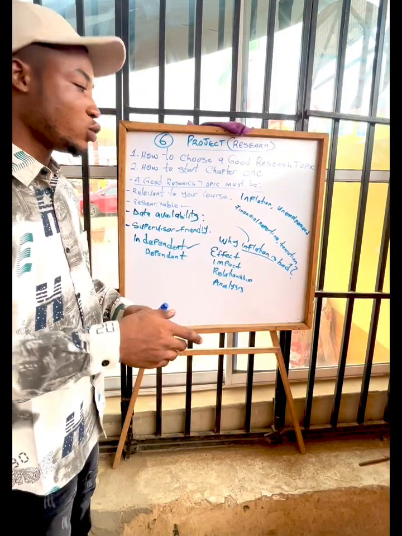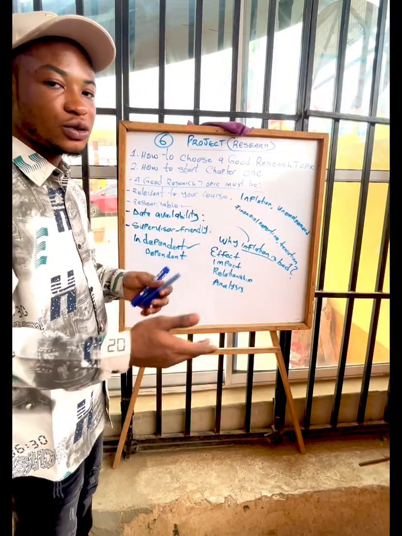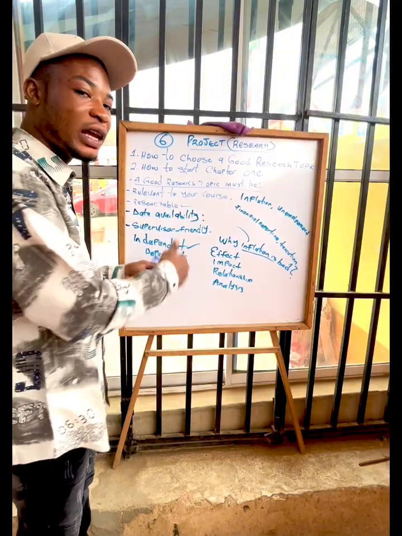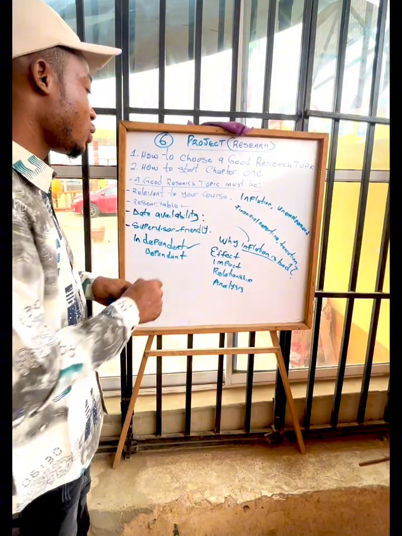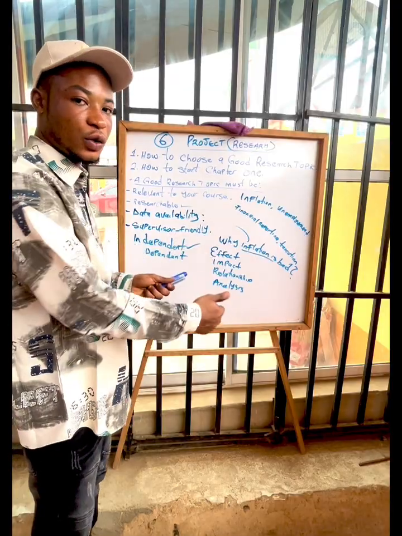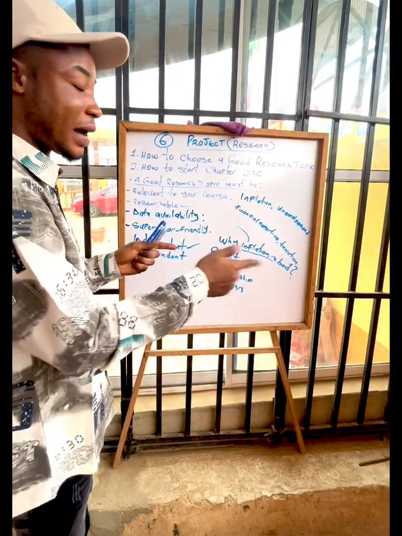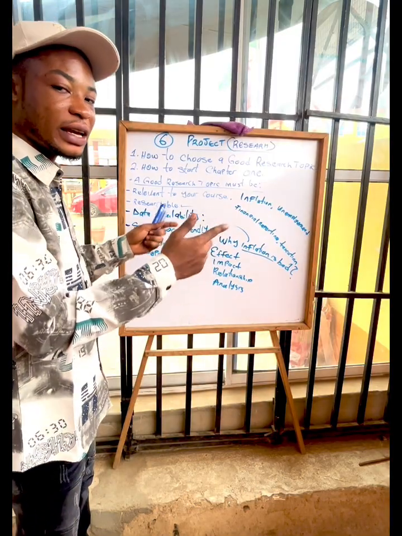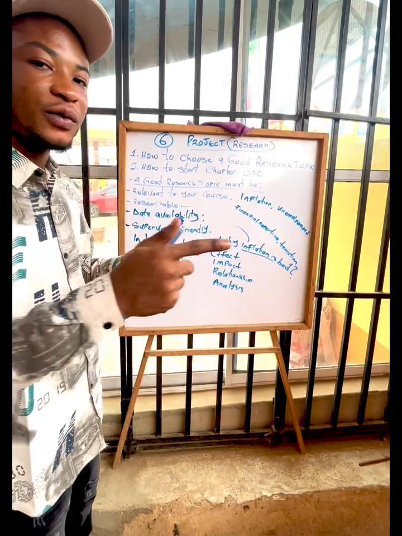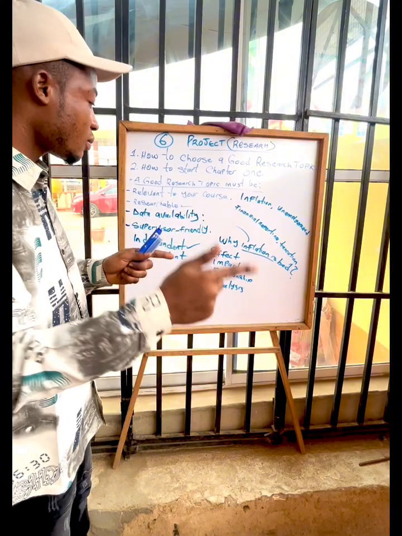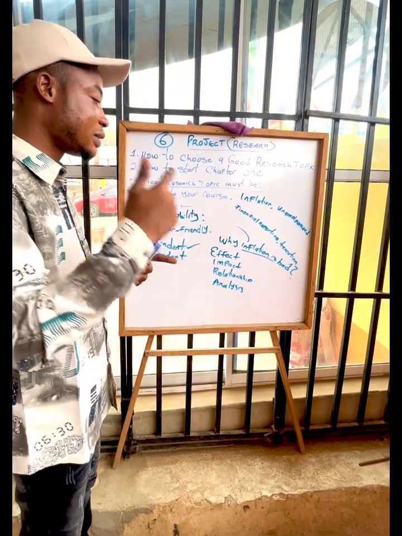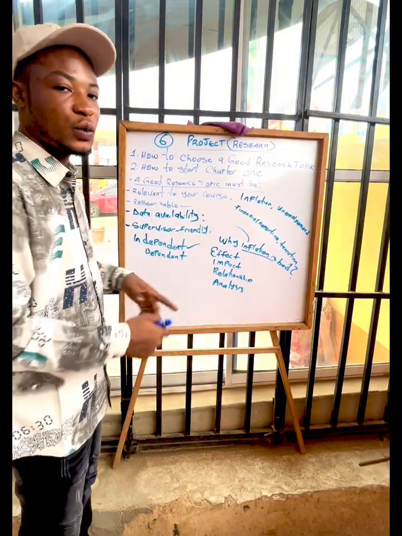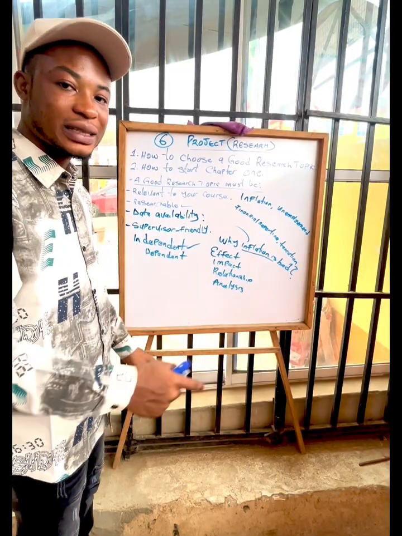So you are going to search online to see if there are data available, and that's not the only thing you are going to look at. You are going to look at the time frame, from the year you want to work on. If it is from 2000 to 2024, you are going to check if there are data available for that time frame. So that would actually determine if you are going to proceed with that topic or you are going to drop it and pick another one.